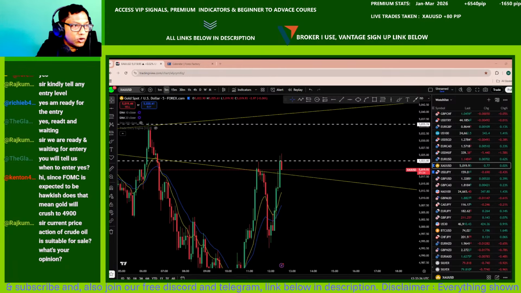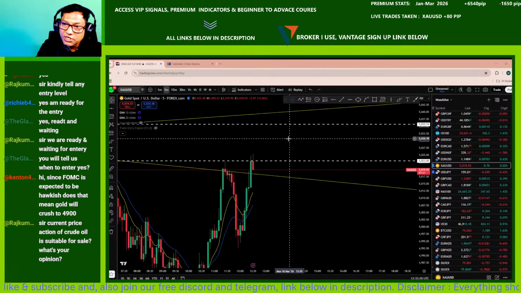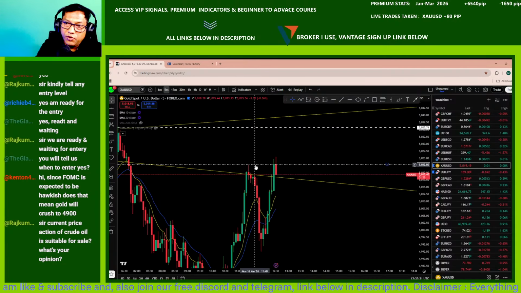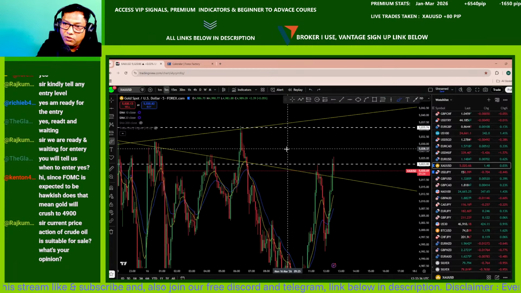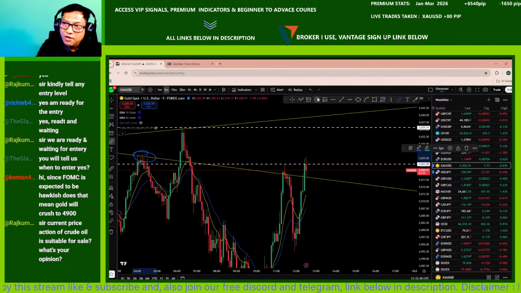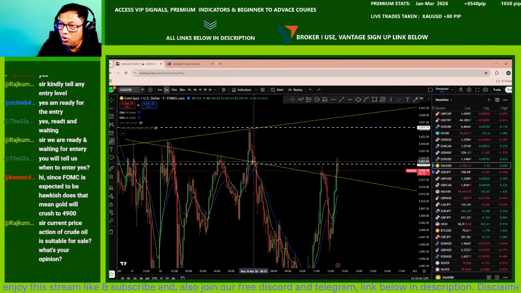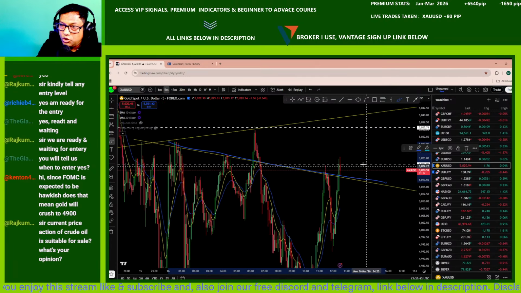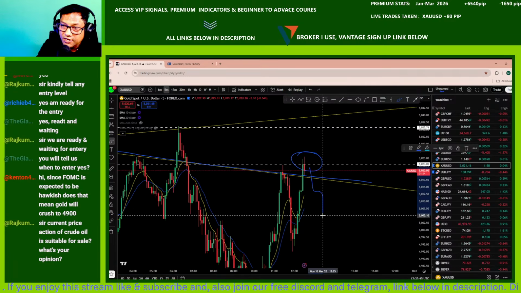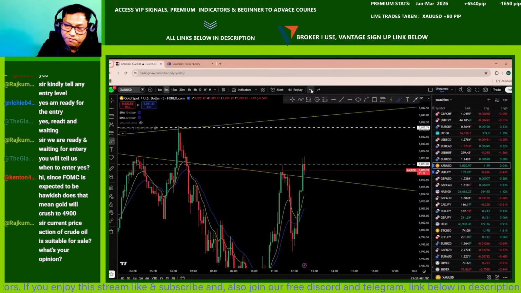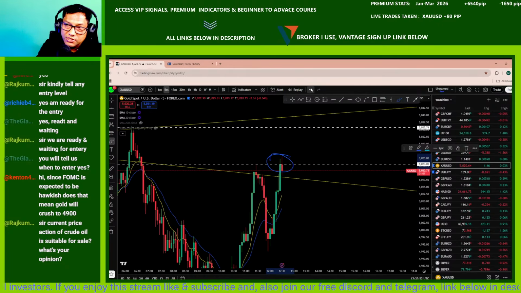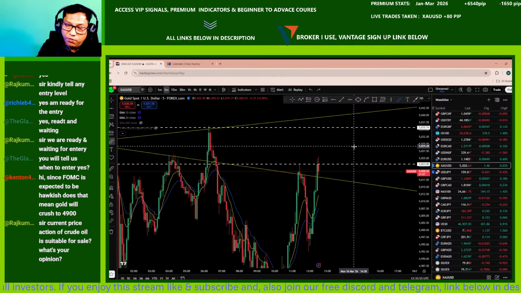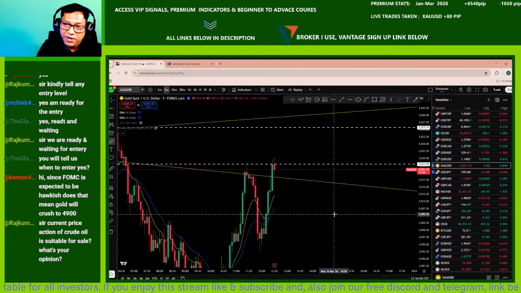For us to look for the entry, this is the resistance line, a key level here, and we are looking for the market to eventually retest and then return back below here in that area.